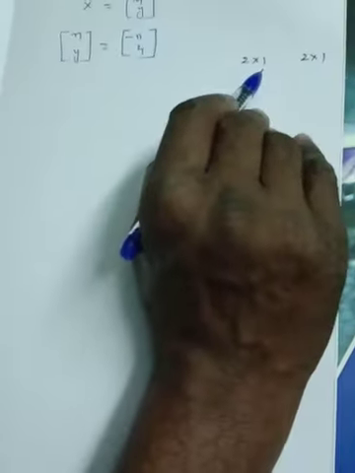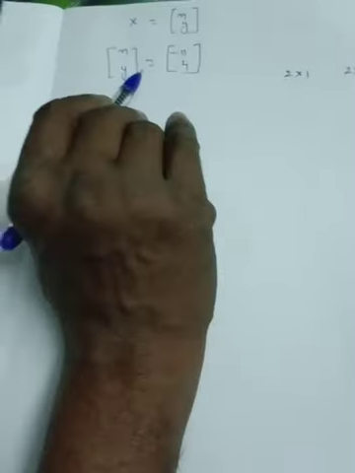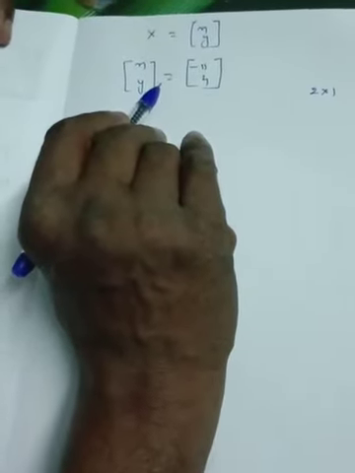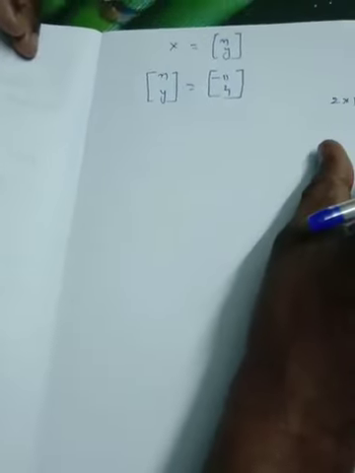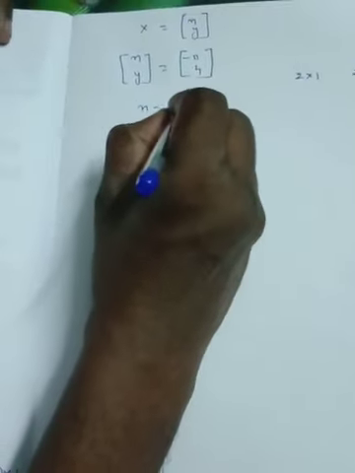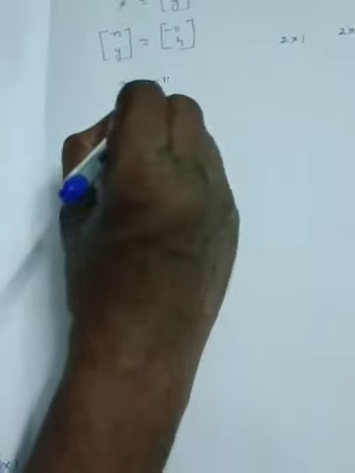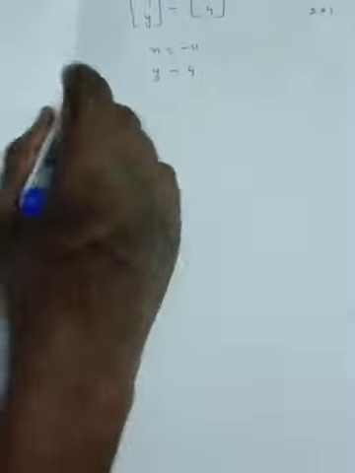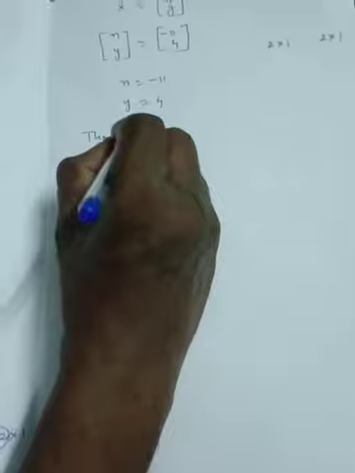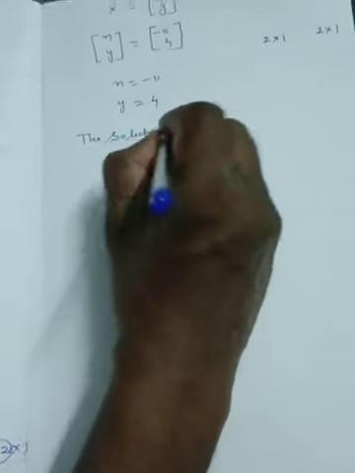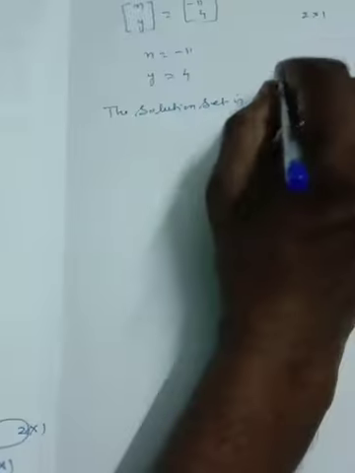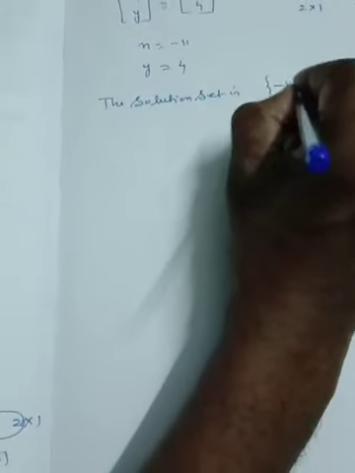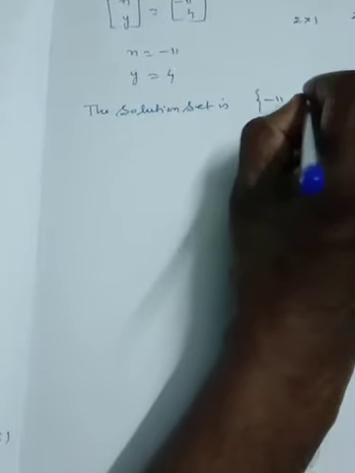So number of rows 2, number of columns 1, the same matrix. Therefore x is equal to minus 11, y is equal to positive 4. The solution set is x equals minus 11, y equals 4.